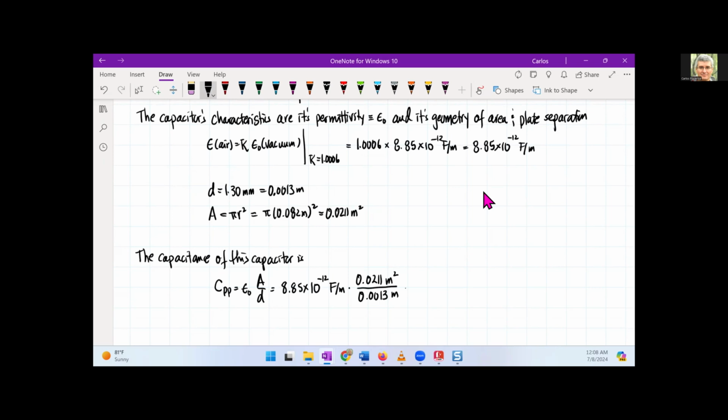When I compute that, I get a value of 1.44 times 10 to the minus 10 farads. And this is my capacitance for this circular parallel plate.